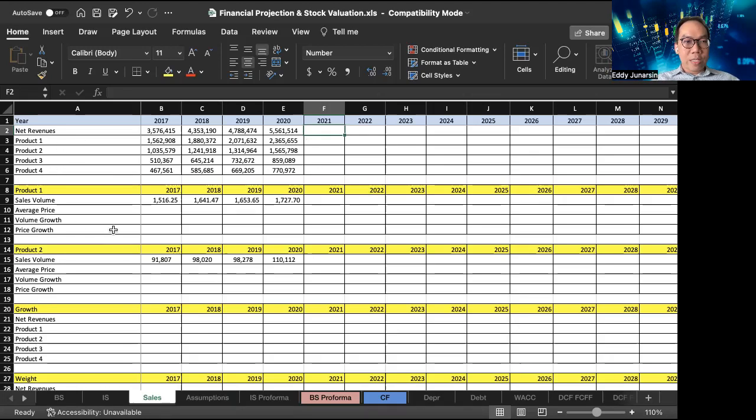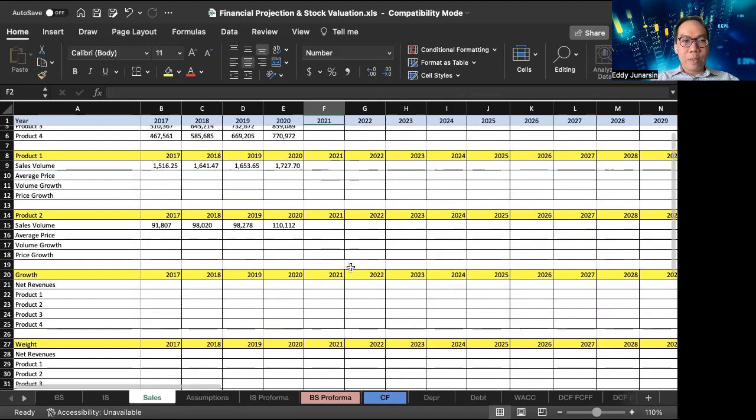So we have 4 products, and for each product here, like product 1, product 2, and so forth, we could estimate each of them based on the estimated sales volume for subsequent years and the estimated prices for subsequent years and so on.